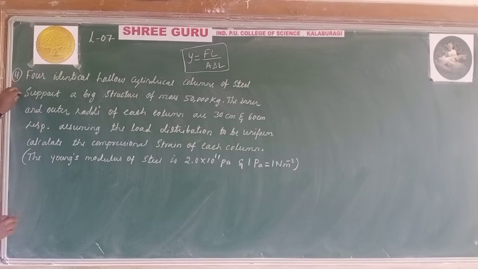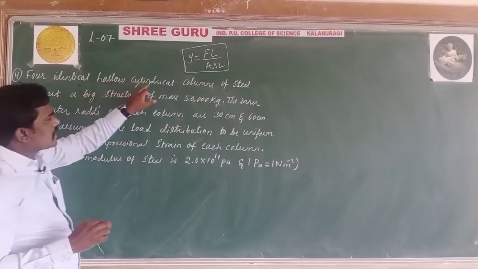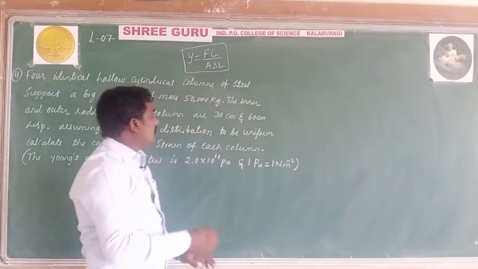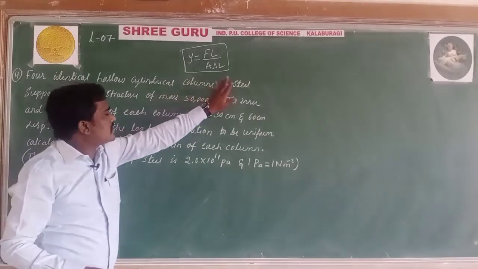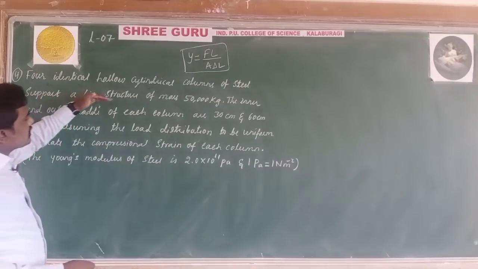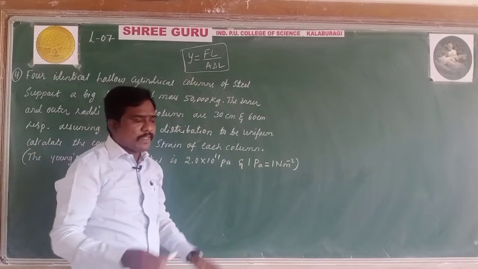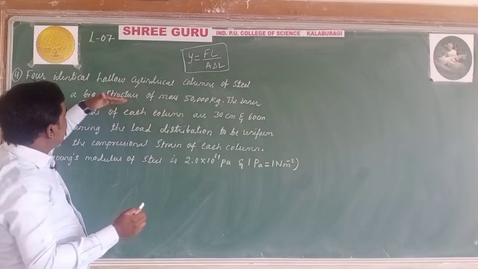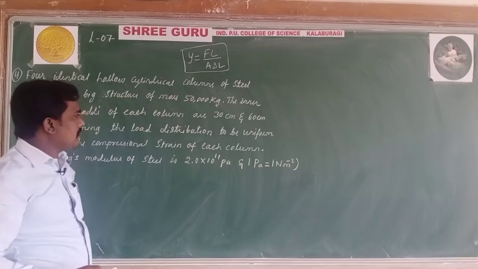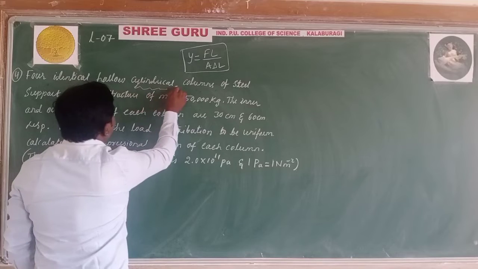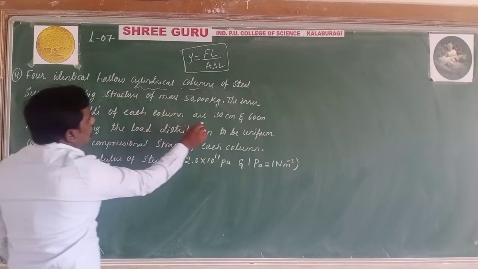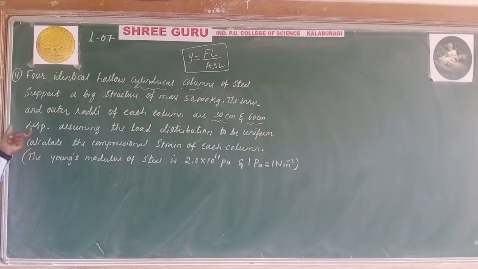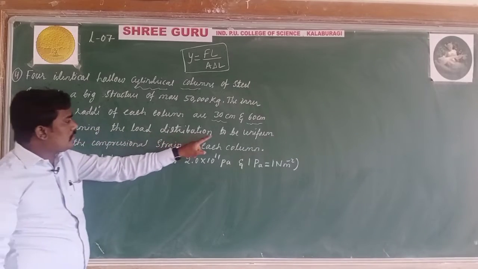Listen here, in this numerical, there are four identical hollow cylindrical columns. Let us consider four identical hollow cylindrical columns made of steel, supporting a big structure of mass 50,000 kg. The inner and outer radii of those cylindrical columns are 30 centimeter and 60 centimeters respectively, assuming that the load distribution is uniform.